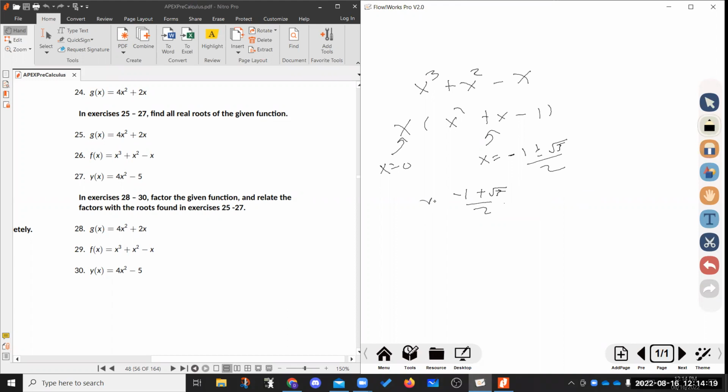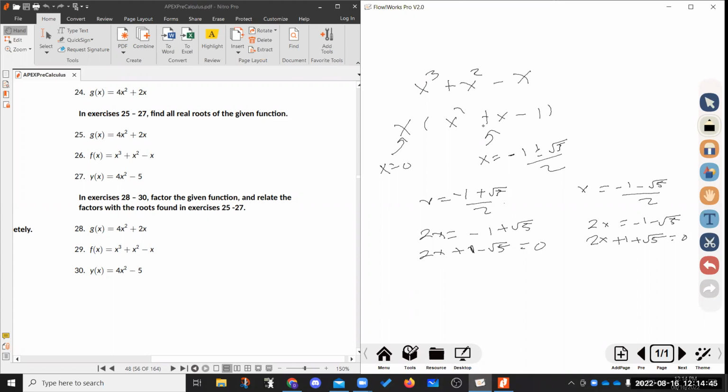X equals negative 1 minus root 5 over 2. So let's multiply by 2. 2x equals negative 1 plus root 5. 2x equals negative 1 minus root 5. This is 2x plus 1 minus root 5 is equal to 0. 2x plus 1 plus root 5 is equal to 0.